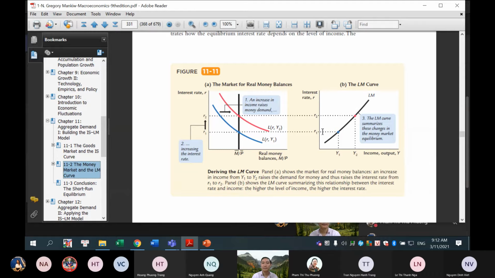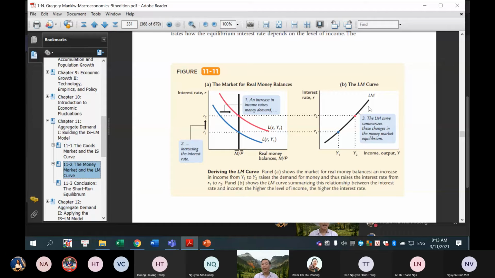You don't have much money demand, so you put most of your money in the banking system, and the banking system will pay a very low interest rate, enough to attract you to put money in the bank. But over time, when production increases to Y2, we produce more goods, we need more money, so interest rates should increase to help balance the money market. That is the explanation for the upward slope of the LM curve.